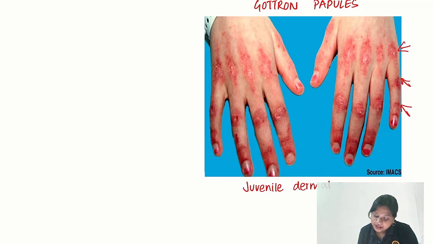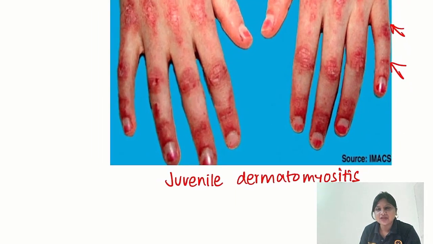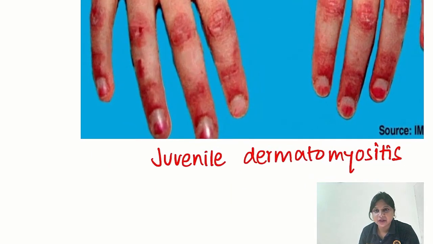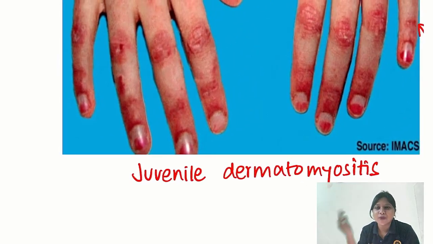What I always advise is, if you do not know something, please break the word. Juvenile means the juvenile period, children. Dermatomyositis means there are dermatological manifestations and myositis. So what dermatological manifestations are we talking about? It can be Gottron's papules.